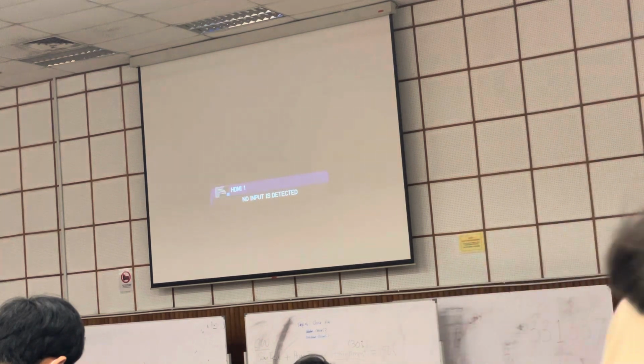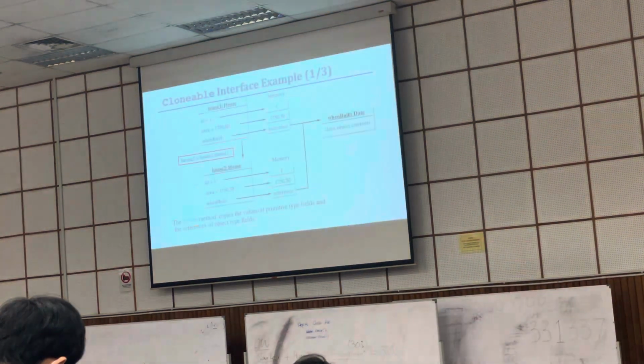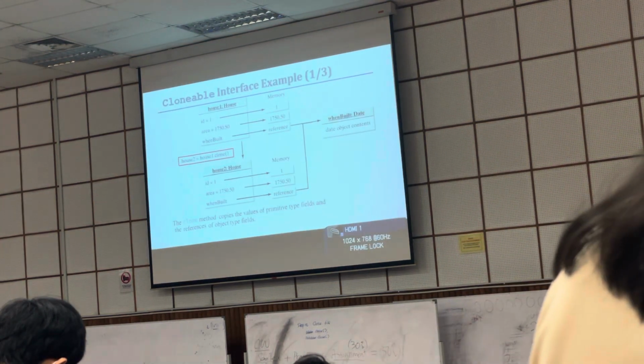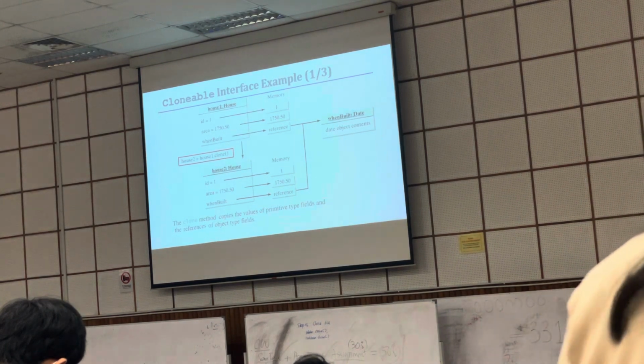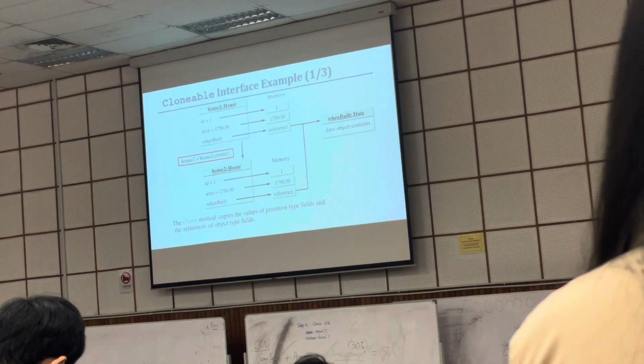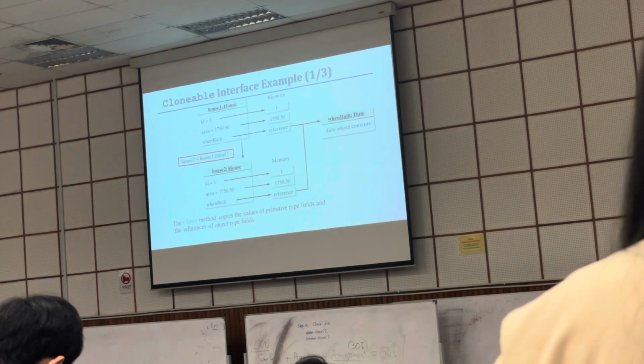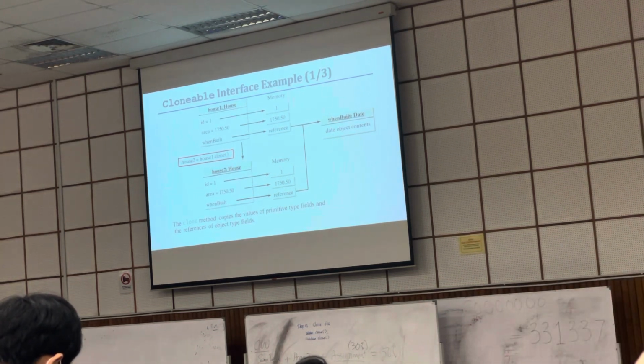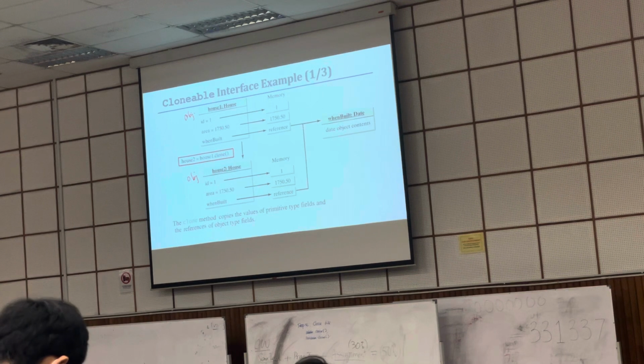Okay, reference type. So how will it look when you copy it? It will be something like this. Okay. So house 1 will have its own object. This is object 1. House 2 will have another object. This one will have its own data in memory.